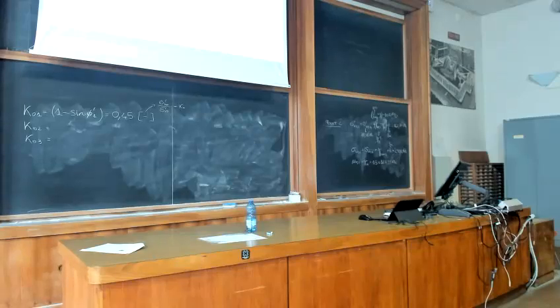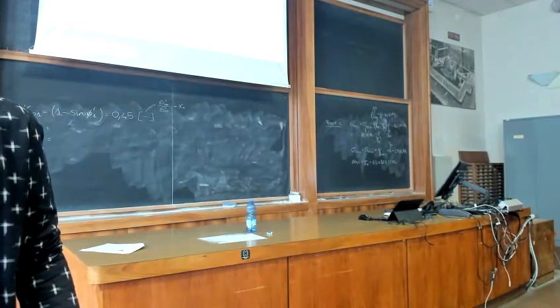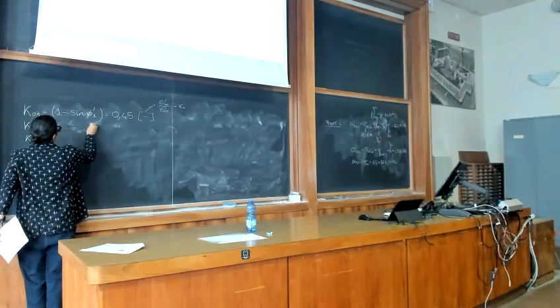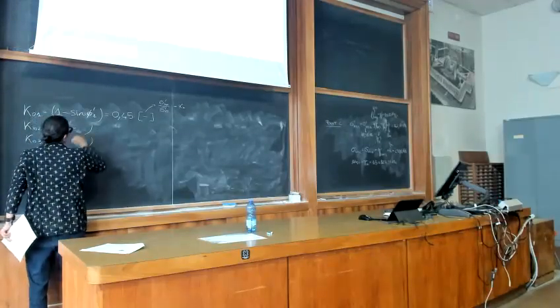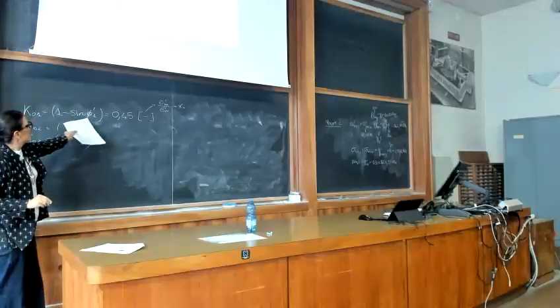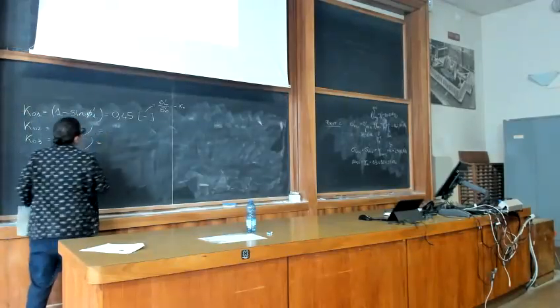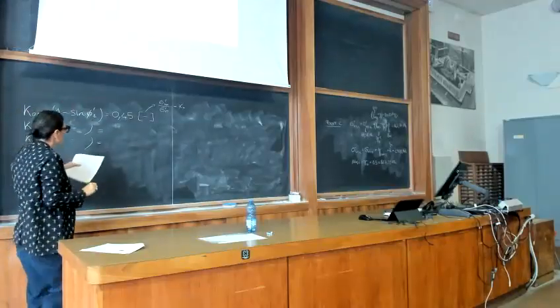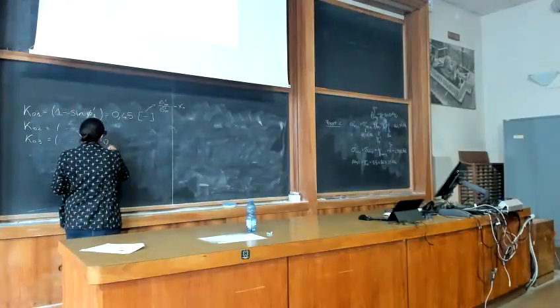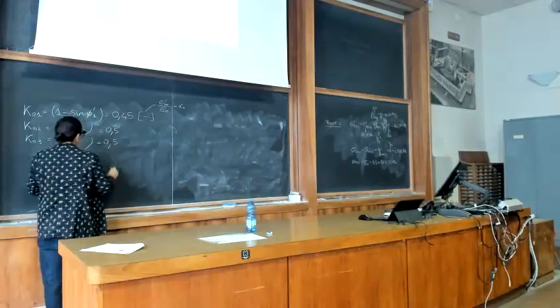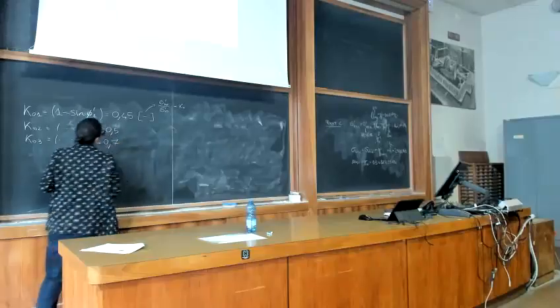For those who are late, we had a discussion and a recall of these concepts in the first part of the lesson. The same formula applies to all these layers, for different values of the friction angle of the soil. In the exercise these values are provided: 0.5 for the second layer and 0.7 for the third one.